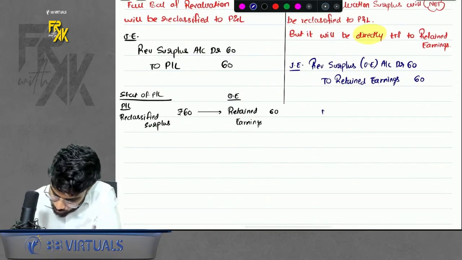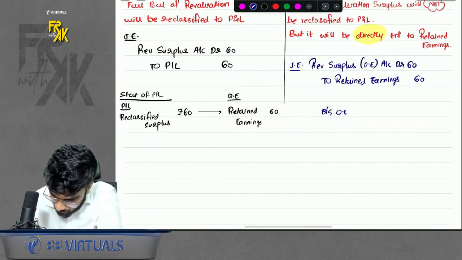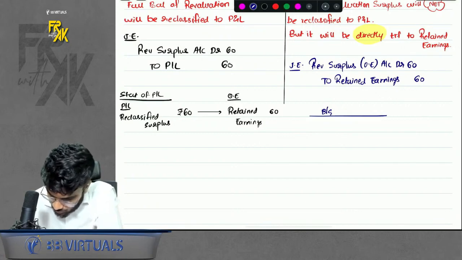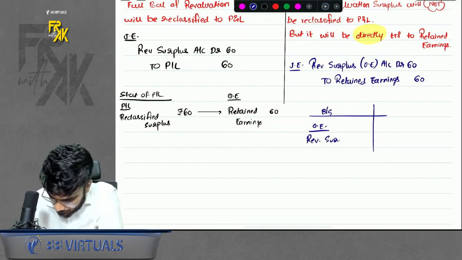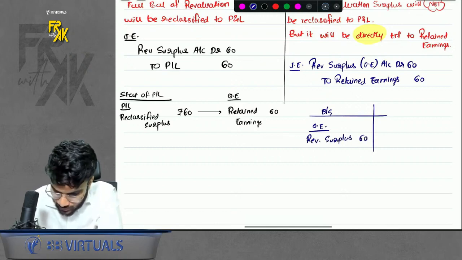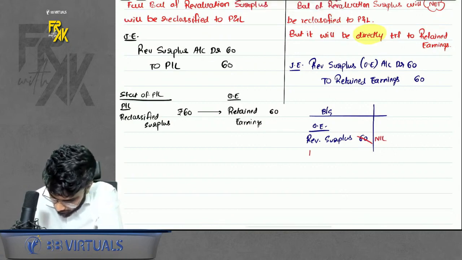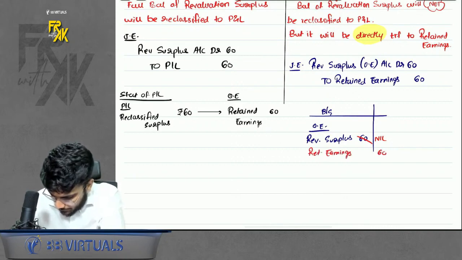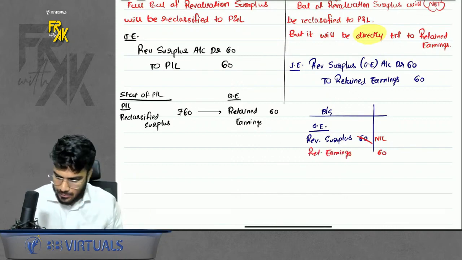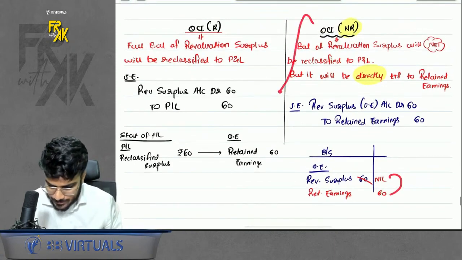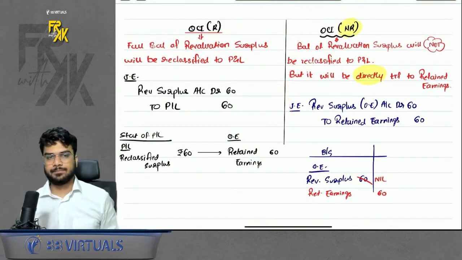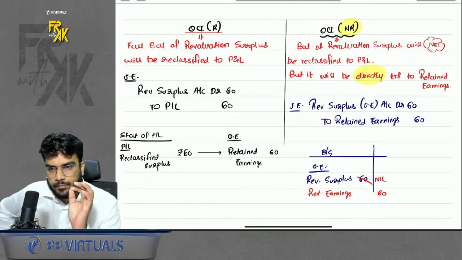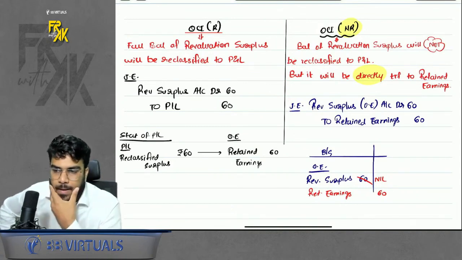So if I want to show an extract of the balance sheet, your other equity, your surplus, which was shown as 60, will appear as nil now. And the balance of your retained earnings will increase to 60. This is what will happen in the second case. Write it down, please.